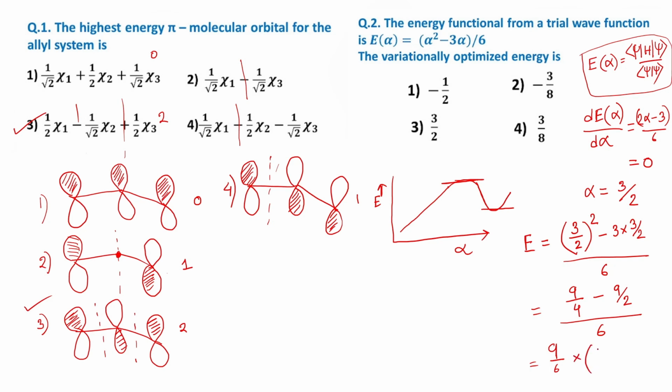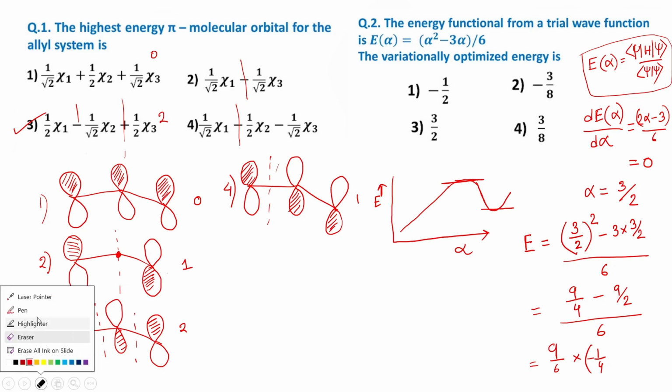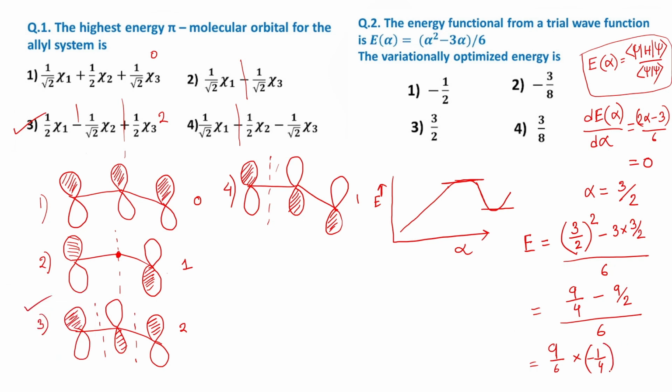So 9 by 6 is 3 by 2, and that gives 1 by 4 minus 1 by 2, which is minus 1 by 4. I hope you are getting the calculation right. If not, then please ask. So it will be minus 3 by 8.